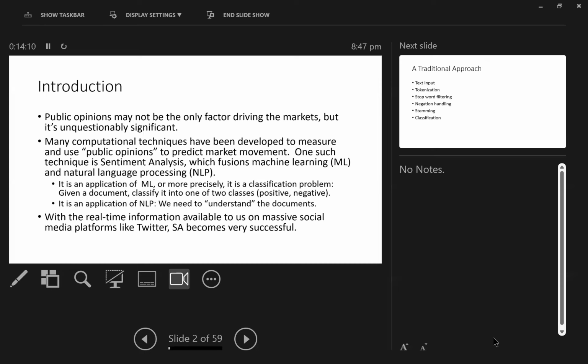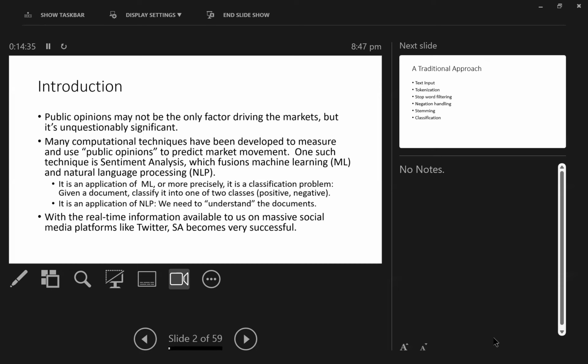Okay, so this fusion between traditional machine learning technique and natural language processing techniques together, in order to decide this, is called sentiment analysis.